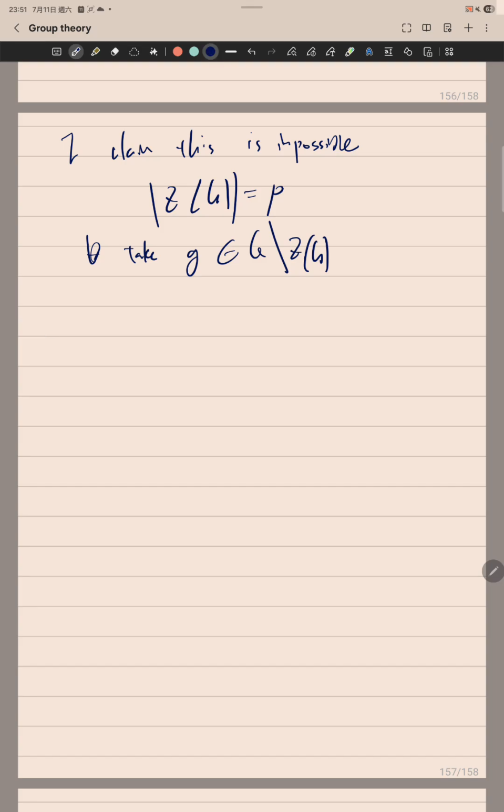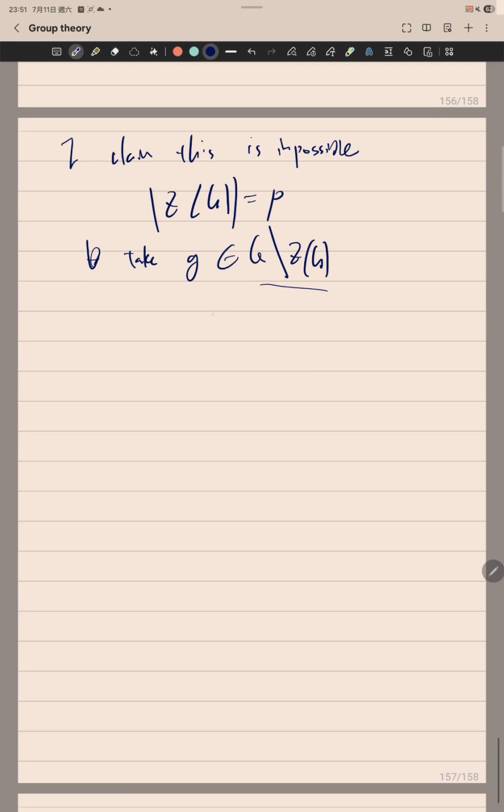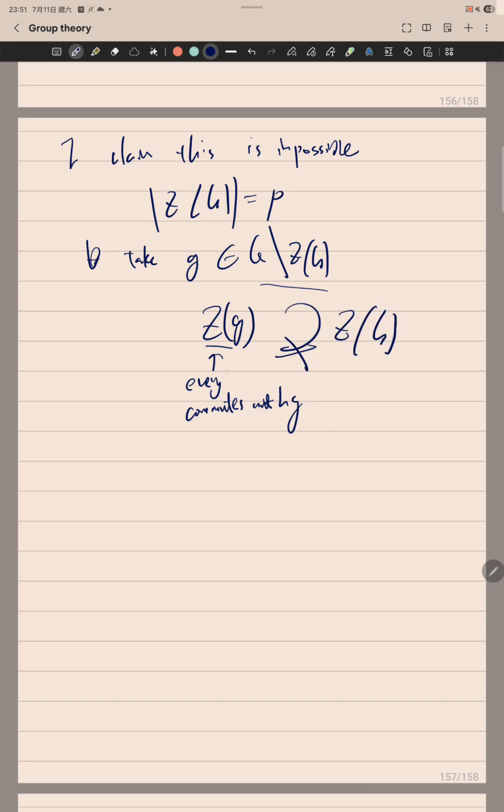So I take a g outside of the center. Now I ask what is the centralizer Z(g)? Z(g) is everything that commutes with g. This is indeed greater than the center, because g commutes with itself, so g is in this but not in the center.